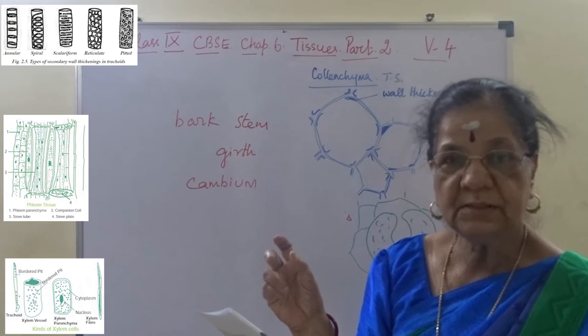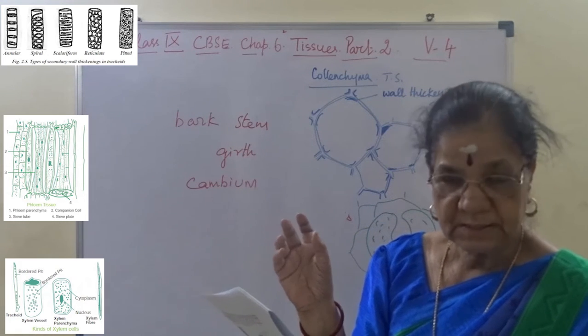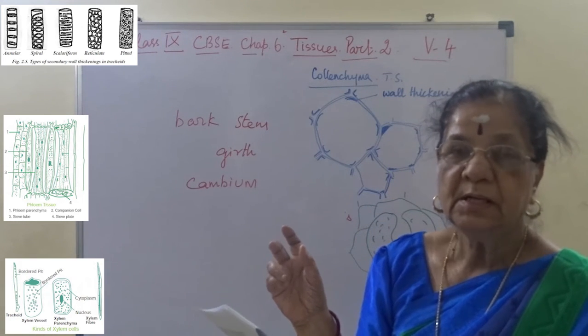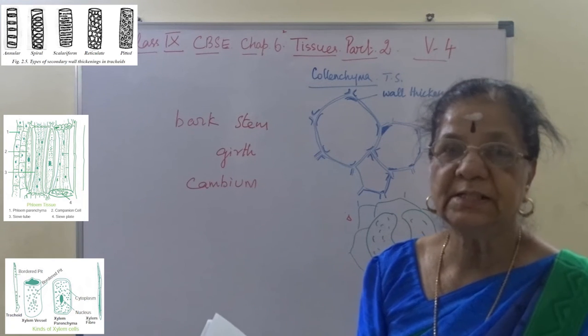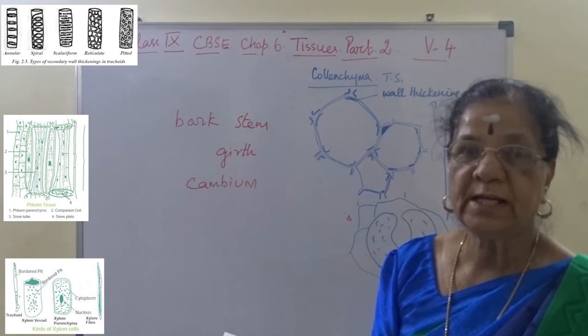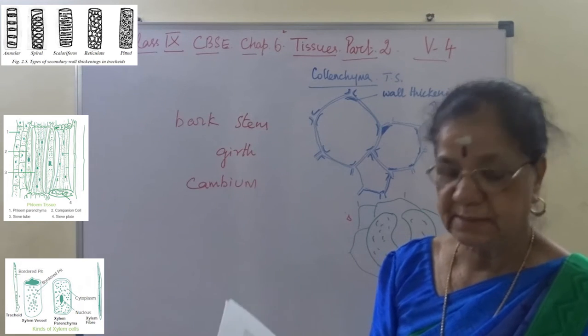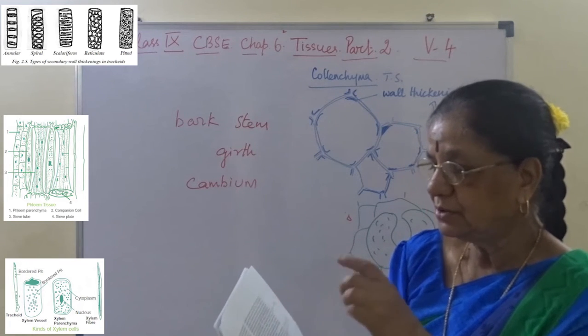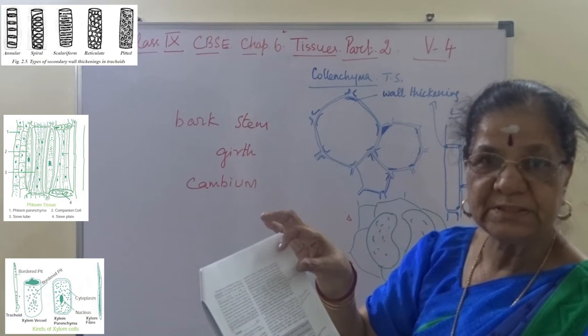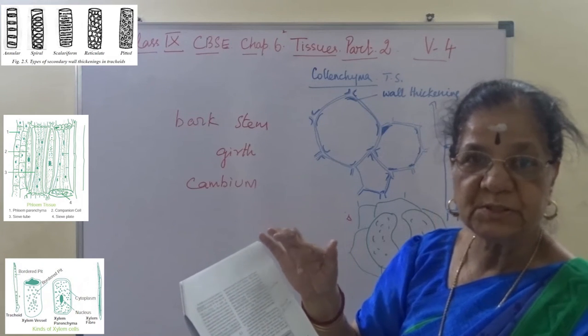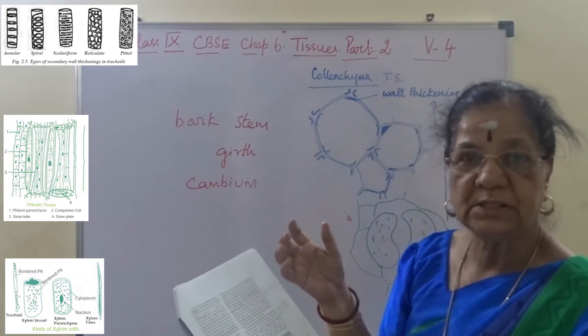And then in the stem, it is just epidermis, compactly arranged rectangular cells, and it may give rise to shoot hair or epidermal hair. And then this is about the function of epidermis. Note CBSE, easy to learn, right?